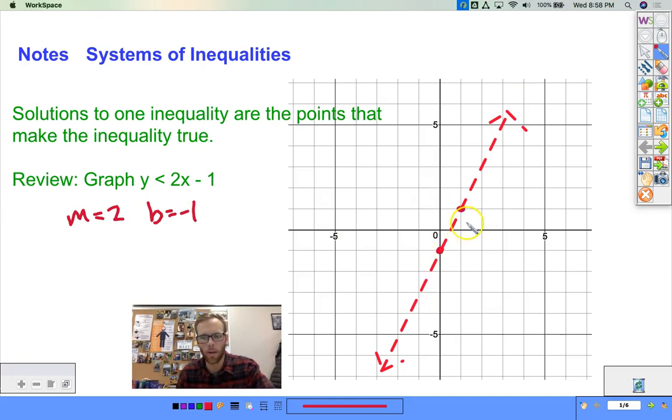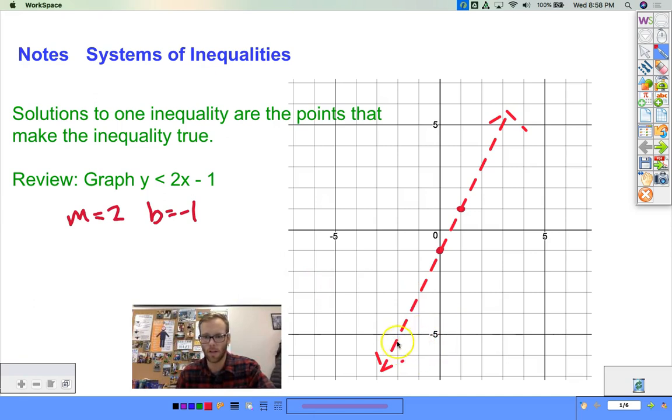If I pick this point 1, 1 and put it in, is 1 less than 2 times 1 minus 1? Well, is 1 less than 1? No, it's not. So it should not be included. That's why this line is dashed. Now, do we shade above this line or below the line? Where are the y values that are less than this line? Those are the y values underneath what we have there.